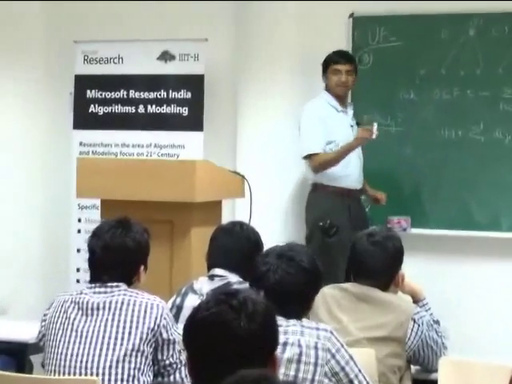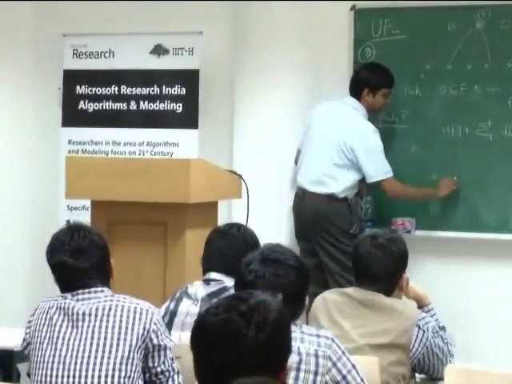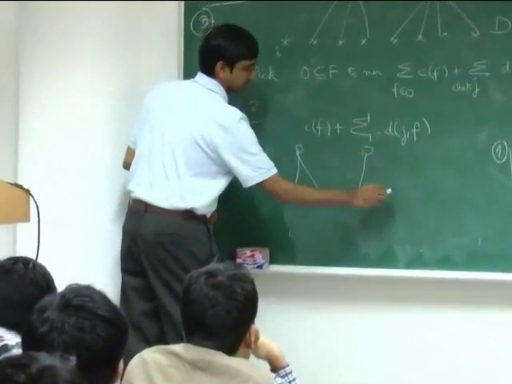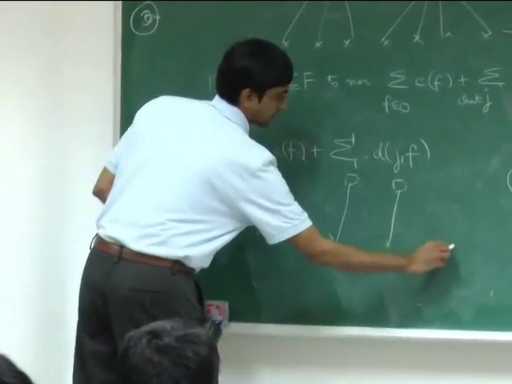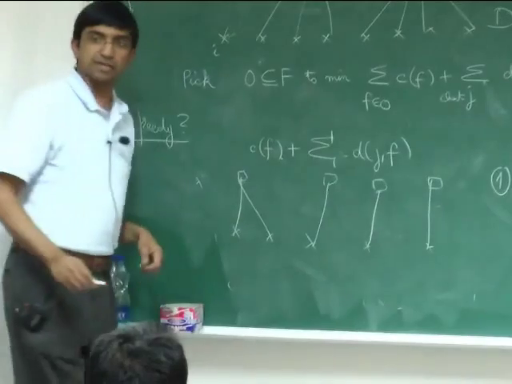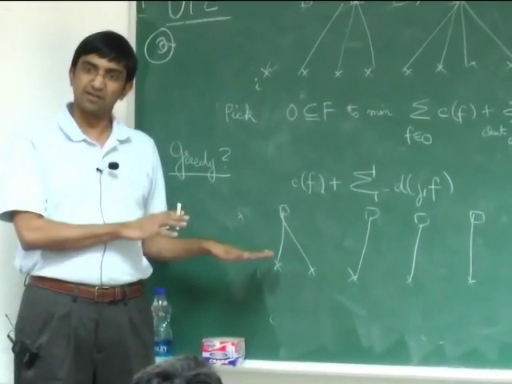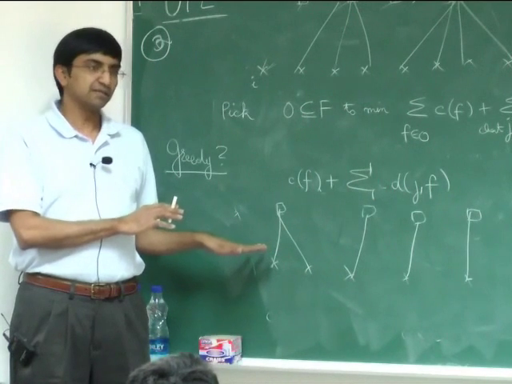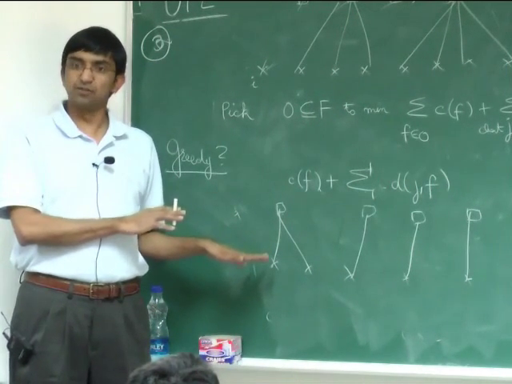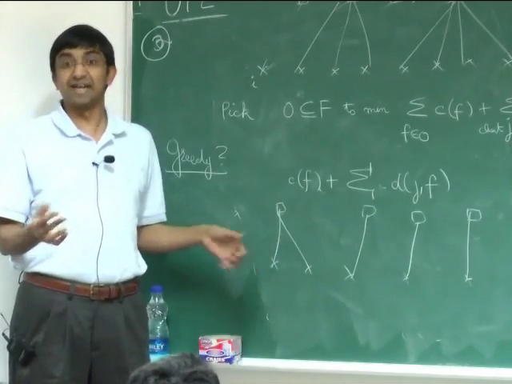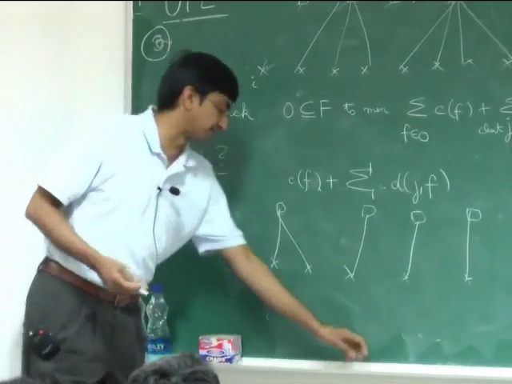So every client goes to the closest facility. This doesn't seem like a great algorithm, you see why? We are not controlling for which facilities are helping to cover a lot of people. I'll give you a small example.